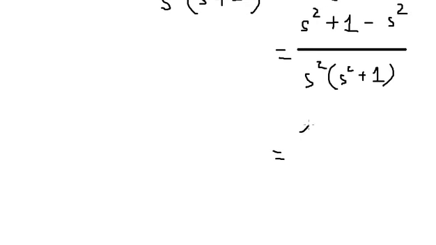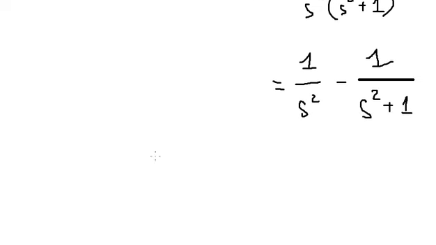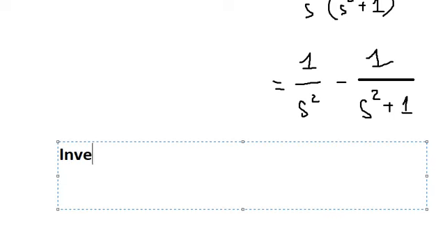So we have 1 over s squared. This one divided by this one, we have number 1. In this situation, we can use the inverse Laplace transformation.